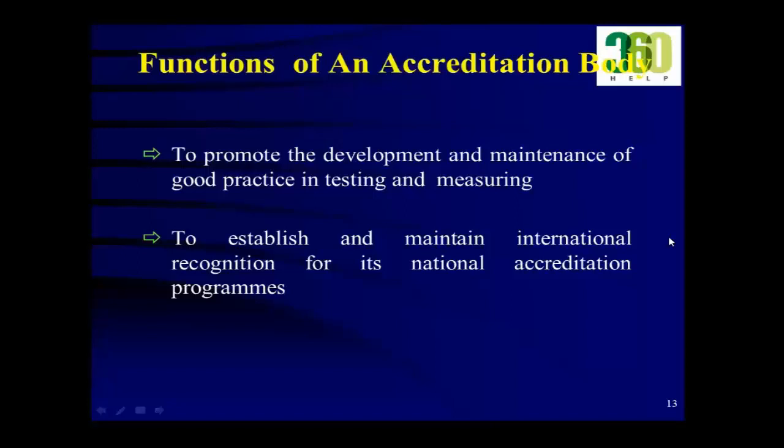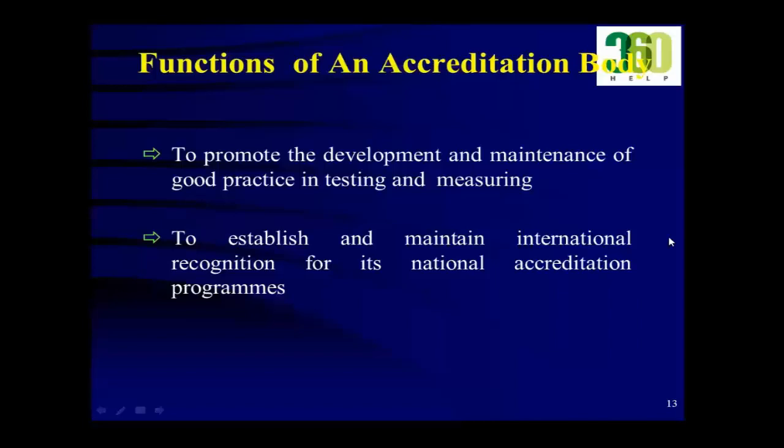If we go by the functions of the accreditation body, NABL is to maintain a uniformity within our country. So if there is a set of standards and every accredited lab is following those standards, there would be uniformity; the systems would be similar. And second, they themselves also have to maintain good practice accreditation.